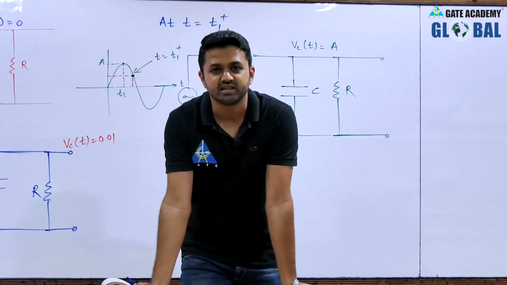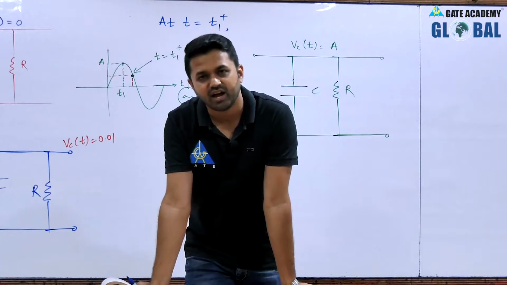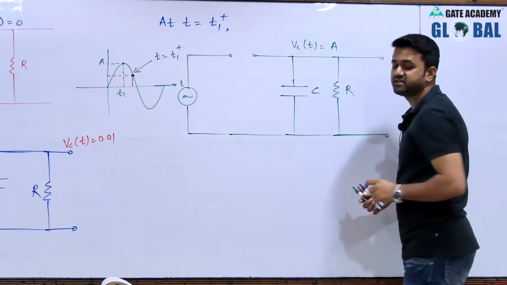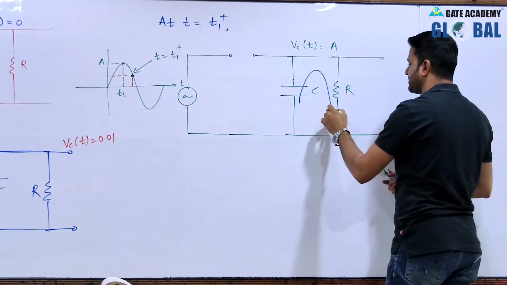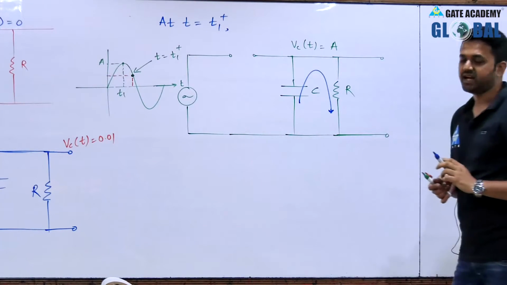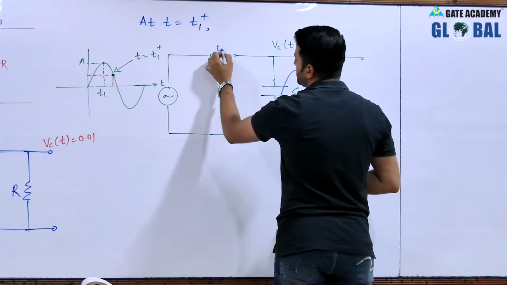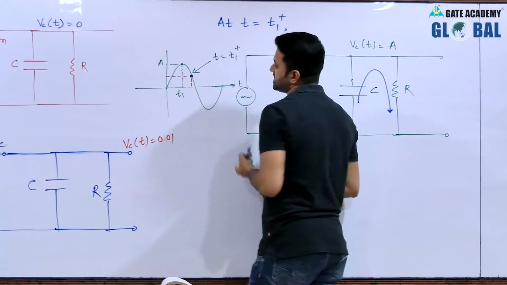When the voltage on the P side is less than the voltage across the N side, the capacitor starts discharging. The capacitor voltage discharges, and here it is open circuited. So, the capacitor is discharging now.